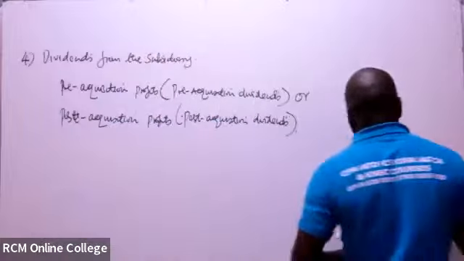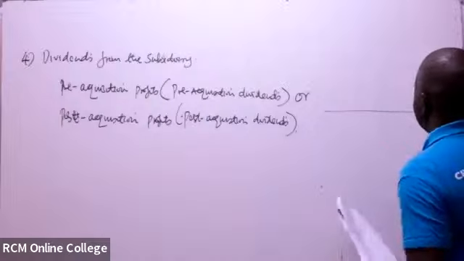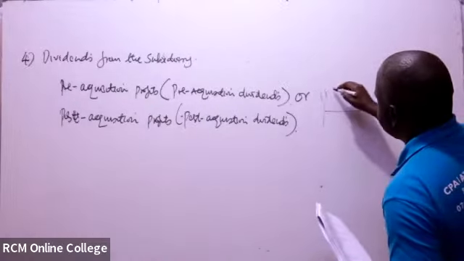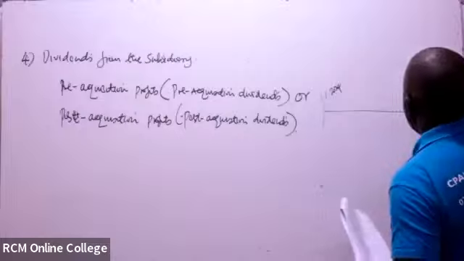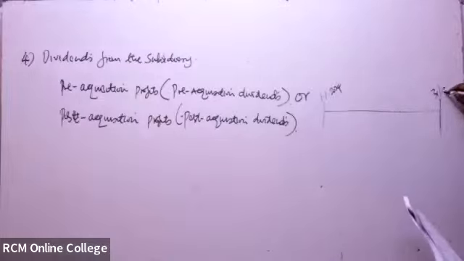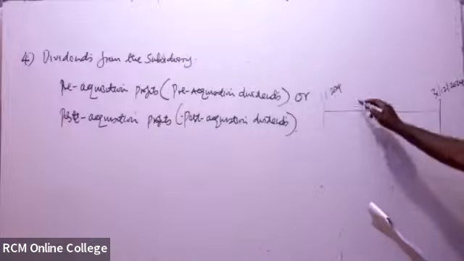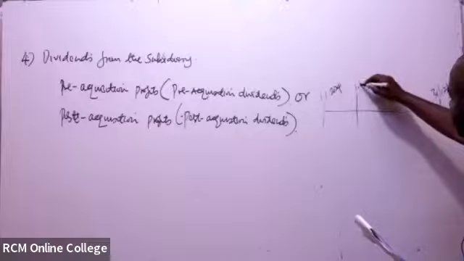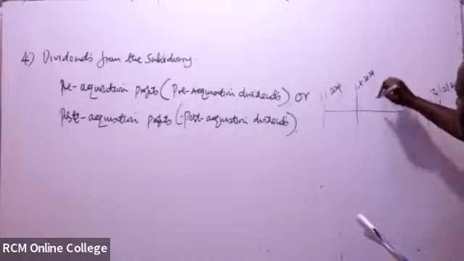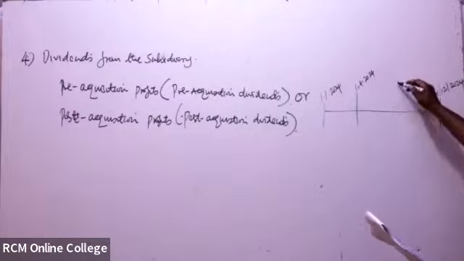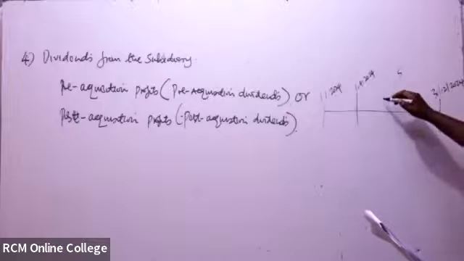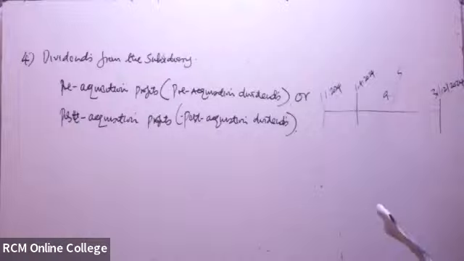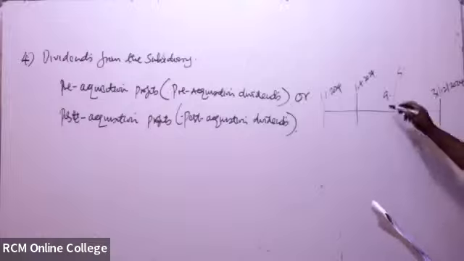There can be a scenario whereby, for example, we have the whole year, 1st of January 2024 to 31st of December 2024. The subsidiary can be acquired maybe on 1st of April 2024. So this subsidiary has only existed for 9 months, so 9 out of 12.